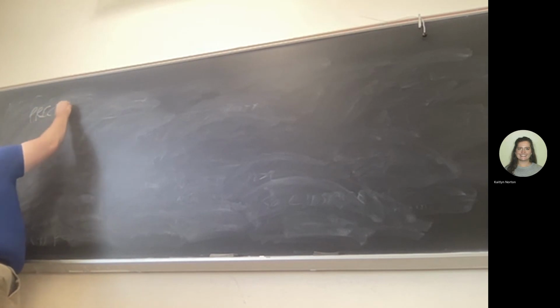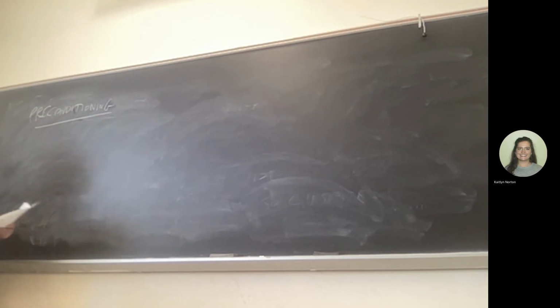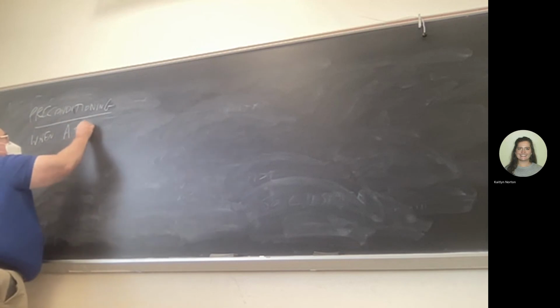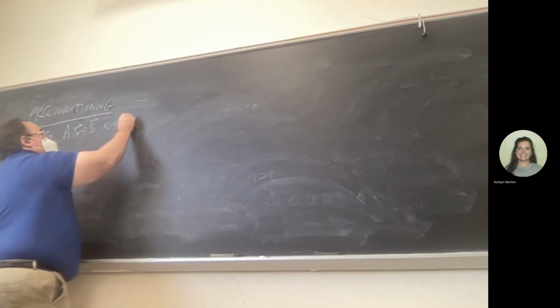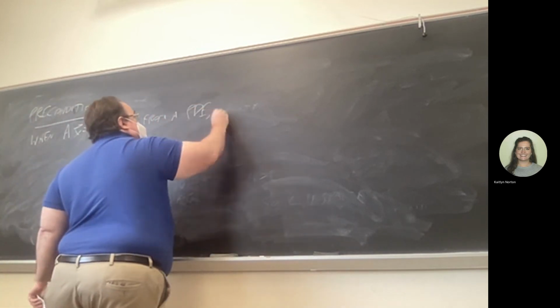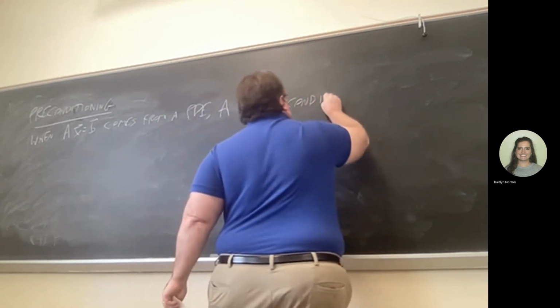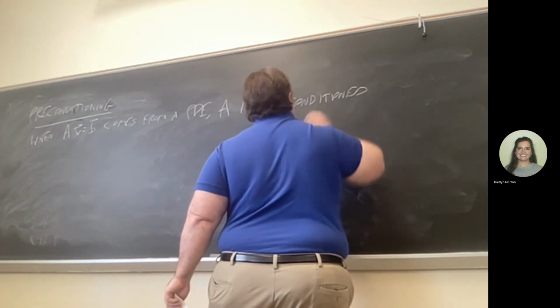Okay, now, the last thing to deal with is preconditioning. Even though it's mainly for iterative methods, it's a concept that can be applied in general. All right. Now, the problem with Ax = b problems that come from a PDE is that it is pretty much a given that the matrix A is going to be ill-conditioned.